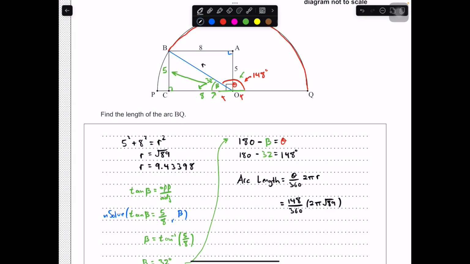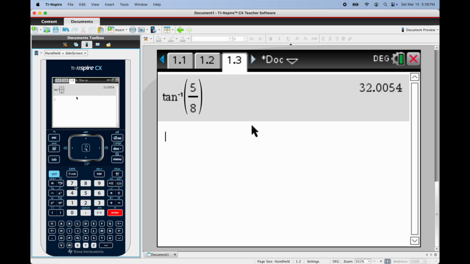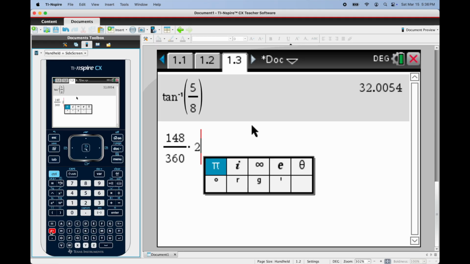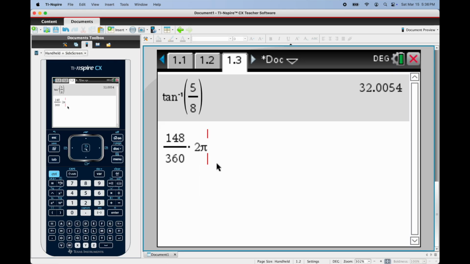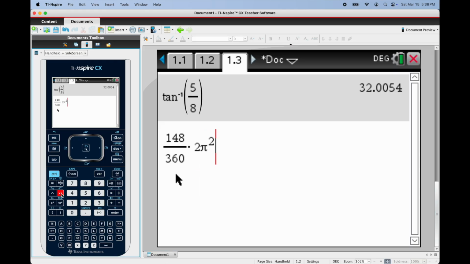All right, and let's go ahead and actually I'll work that on the calculator as well. All right, here we go. 148 over 360, and then this is all going to be multiplied by 2 pi, and then our radius was the square root of 89.